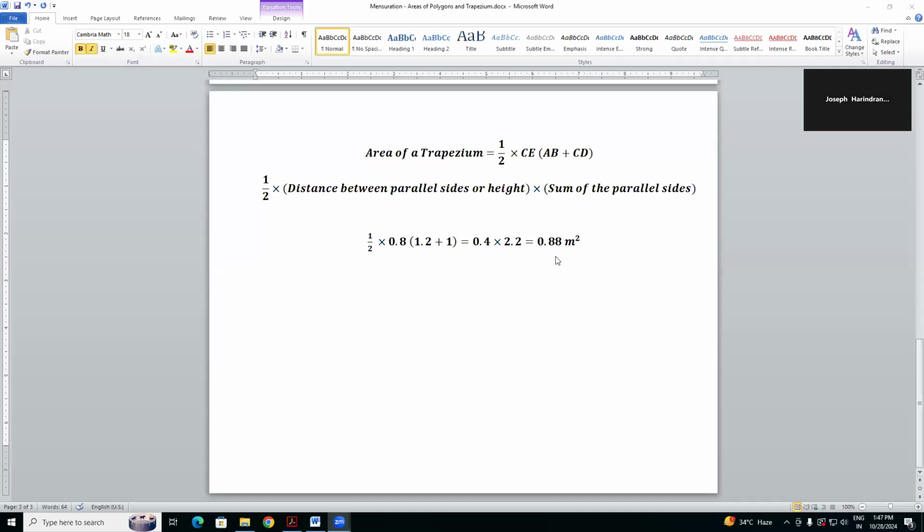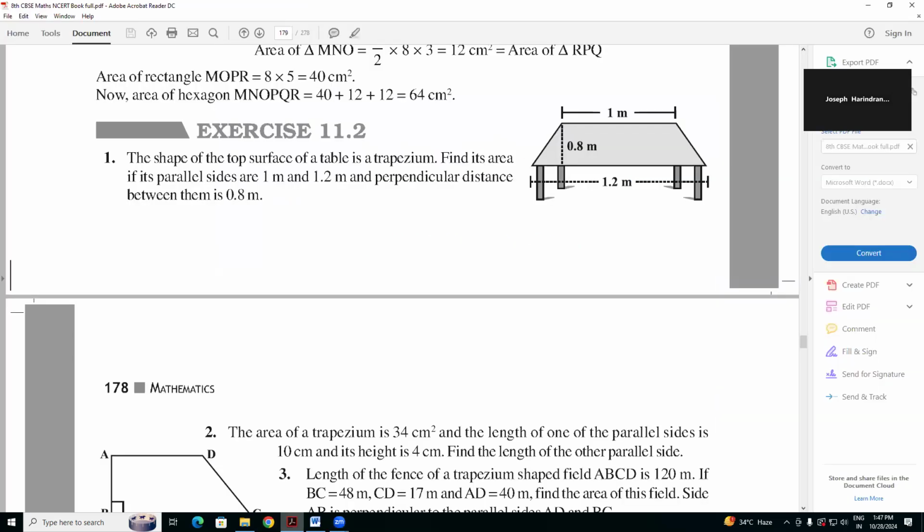This is the answer for the first question. This is the tabletop problem.